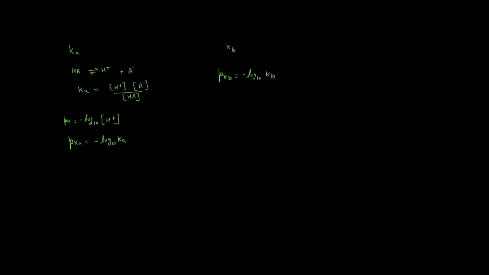So we have two formulas here: pKa equals minus log to the base 10 of Ka, that is the equilibrium constant of acid, and pKb equals minus log to the base 10 of Kb.